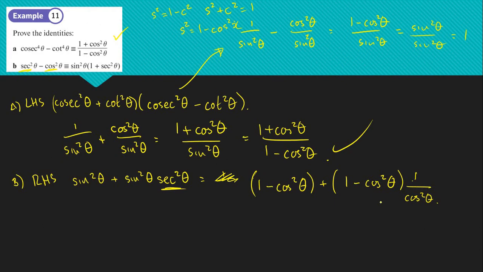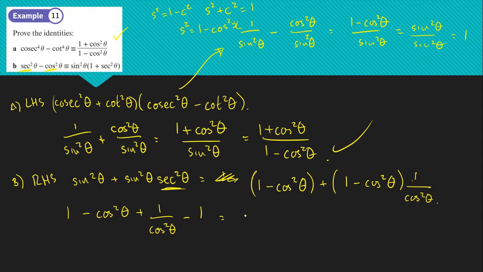Don't know whether I'm going to need that just yet, but I think I will do, because these two things cancel out. So let's see what happens. We've got 1 minus cos squared theta plus 1 over cos squared theta minus, well, these two things will cancel out, so that'll be minus 1. 1 minus 1, big question, is 0.